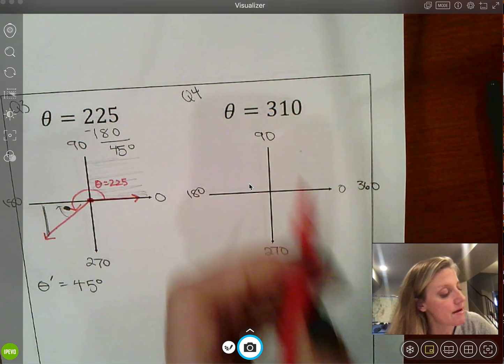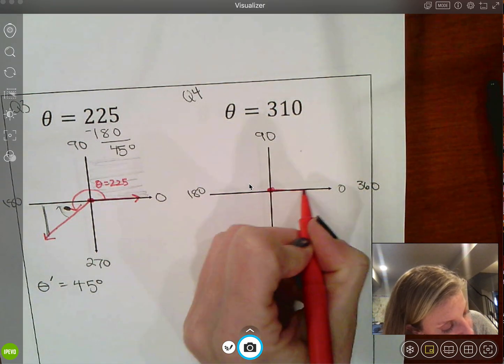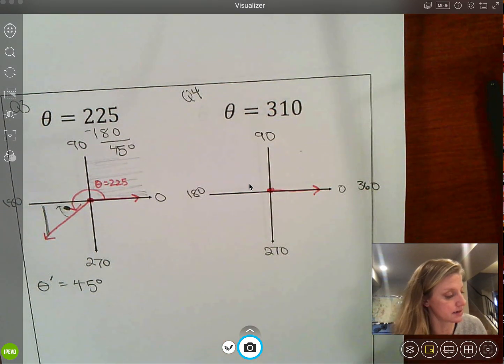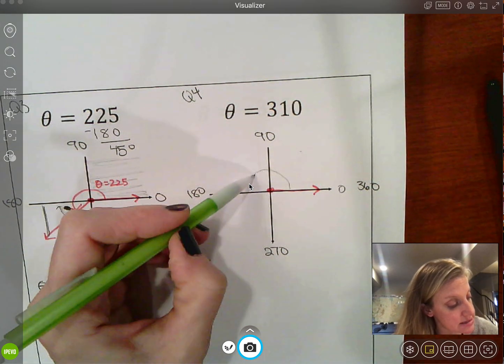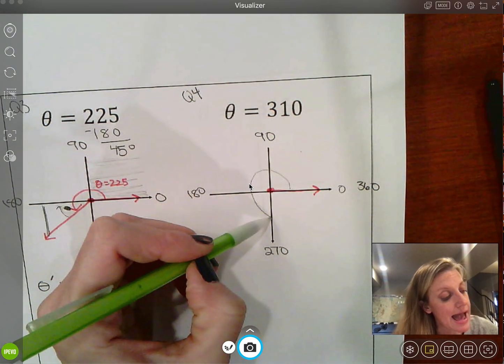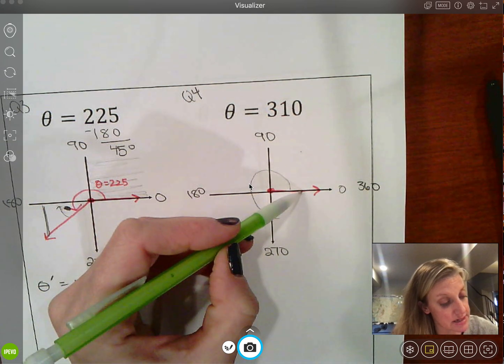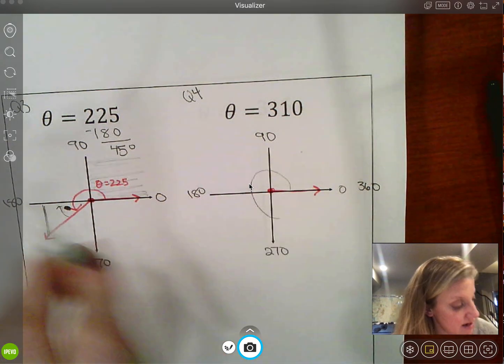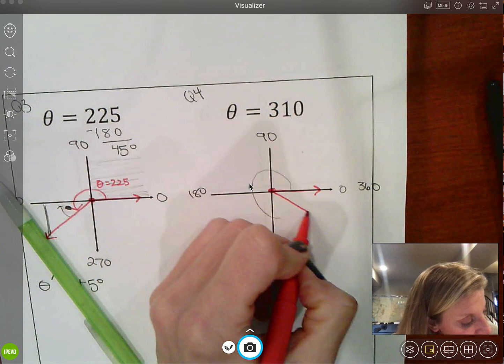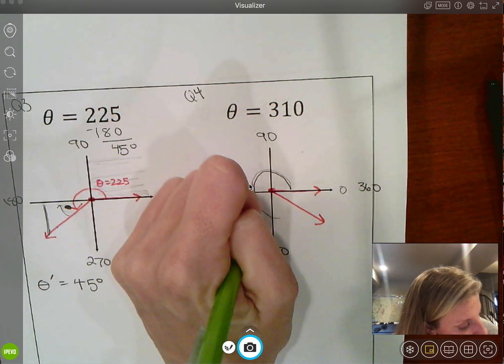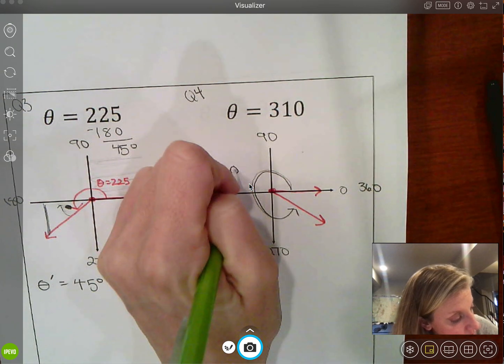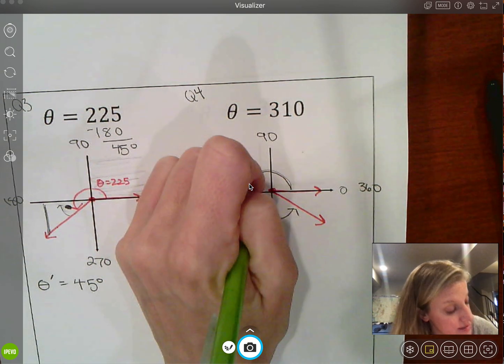So if you have that initial side on the positive x-axis, it's going to go all the way around. It's going to go past 90, past 180, past 270, not all the way to 360. It's going to stop at 310. Let's just make a guess where we think that is. I don't know, right there. So you draw, there is that angle theta of 310 degrees.